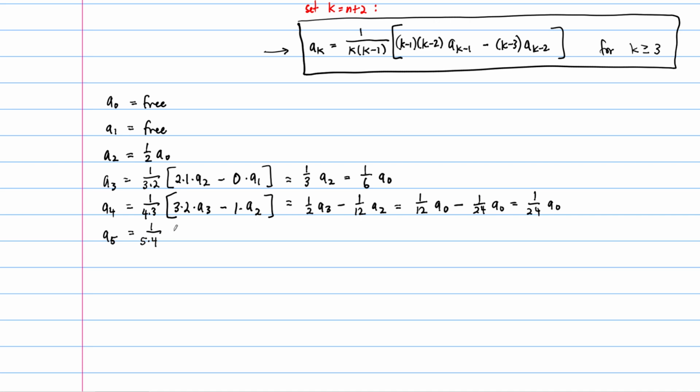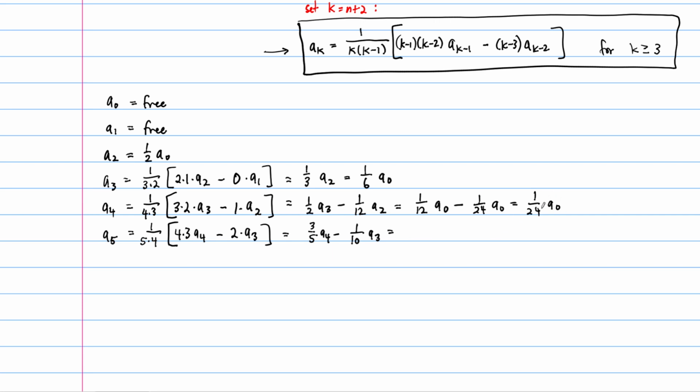This is 1 over 5 times 4, and then it's going to be 4 times 3 times a sub 4 minus 2 times a sub 3. All right, and so again, if you combine, this is going to be 3/5 a sub 4 minus 1/10 a sub 3. 3/5 a sub 4.